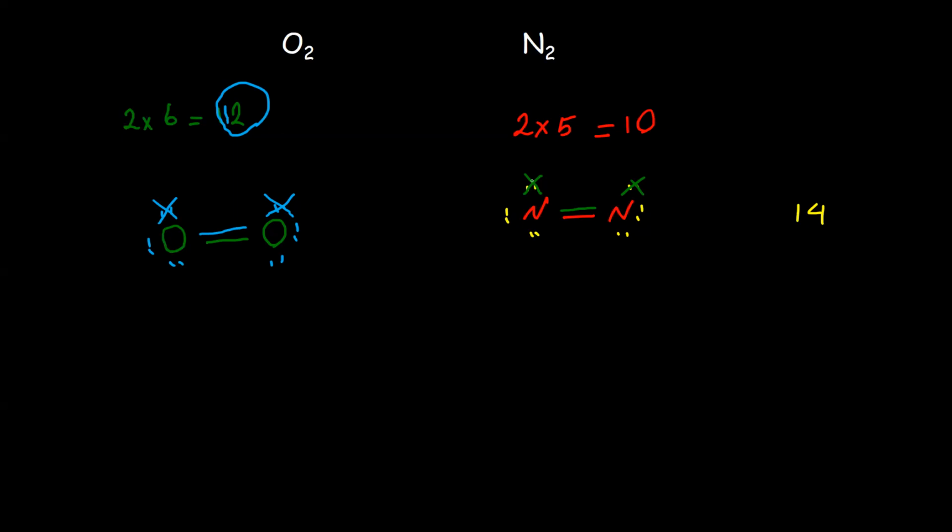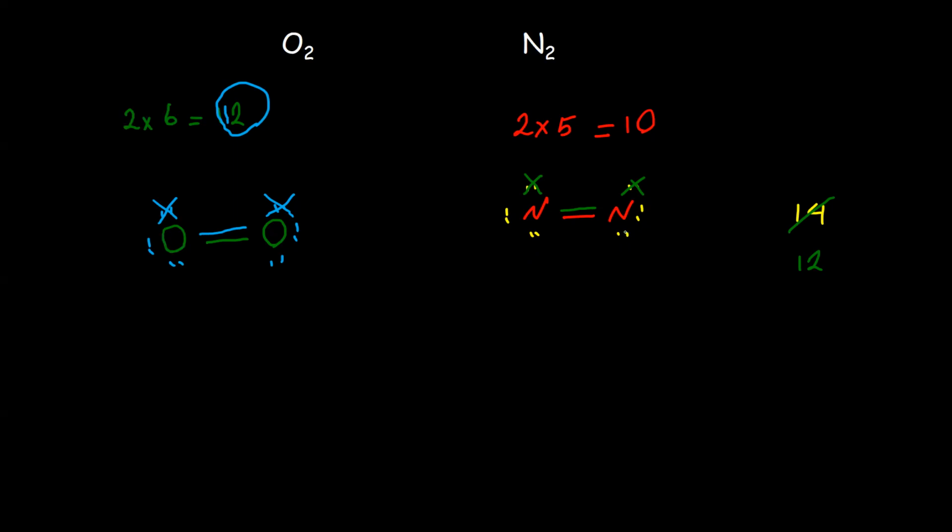But instead of having lone electrons like this, they have shared electrons. But let's count again. So I have 2, 4, 6, 8, 10, 12. Still, we use 12 electrons. So still it's not correct. We use 12 electrons, but we have only 10 electrons.